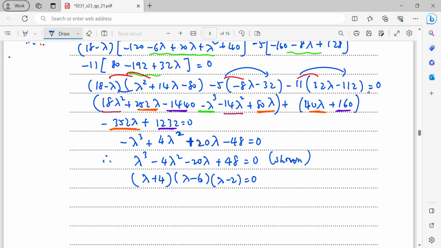Then from here, I will get my lambda equals to minus 4, 6, 2. So which means my eigenvalues will be lambda equals to minus 4, 6, and 2. Okay, so with this, we have done the first part of the question.